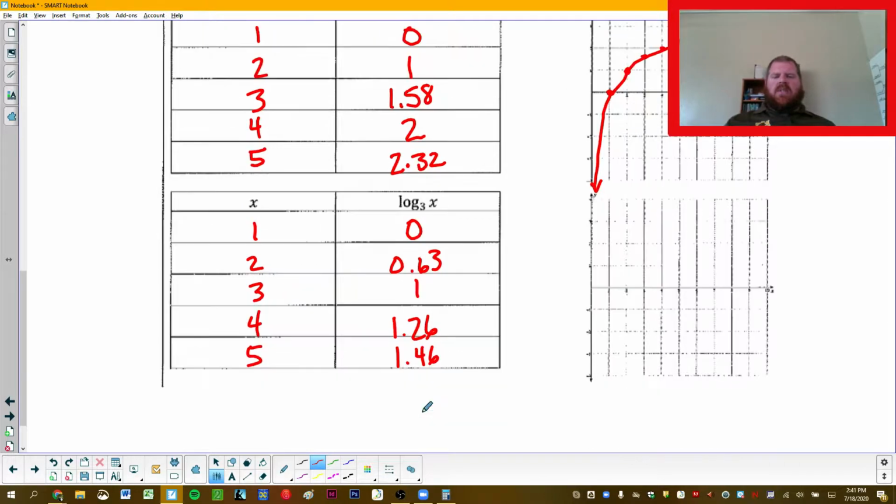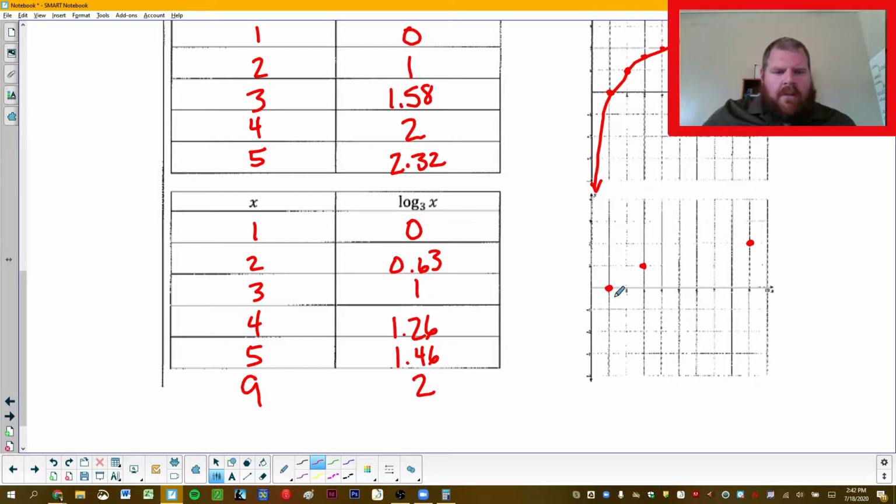And in fact, it would take all the way to 9 to get 2. So I'm going to mark that one on here as well. So at 9, this one's 2. At 3, this one was 1. And then we had a couple points in between there. And at 1, it was 0.